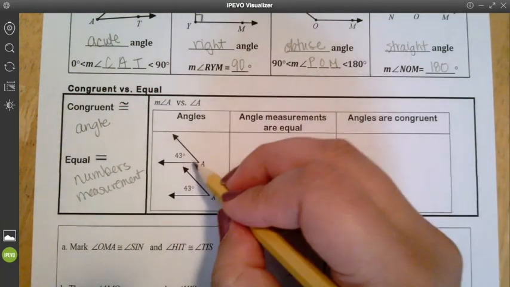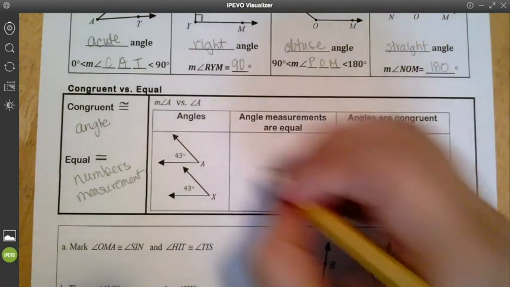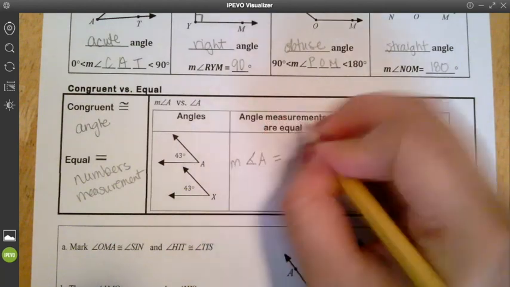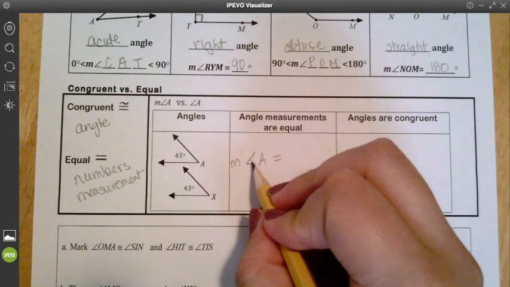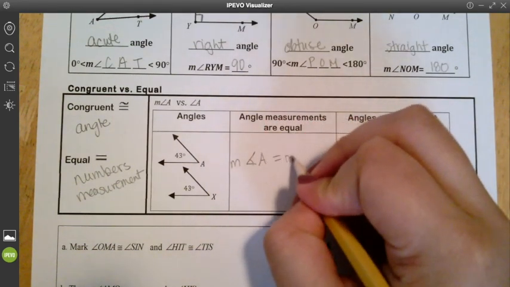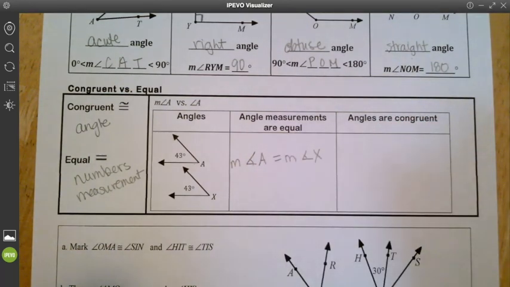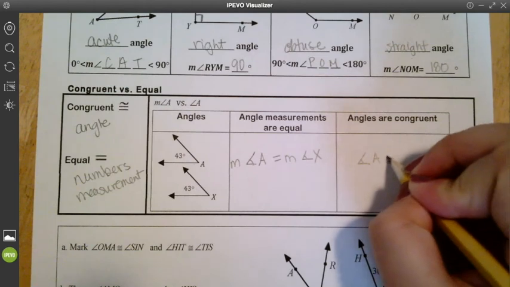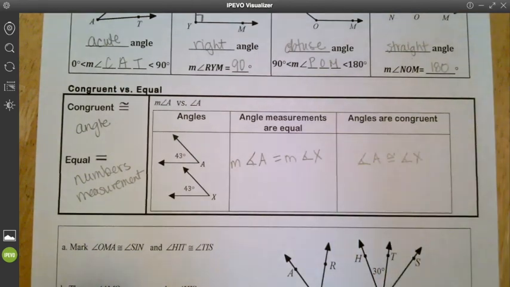So if these two angles have the same measurement, then we can say the measurement of angle A is equal to the measurement of angle X. For congruent, we say angle A is congruent to angle X. So the shapes are congruent, their measurements are equal.